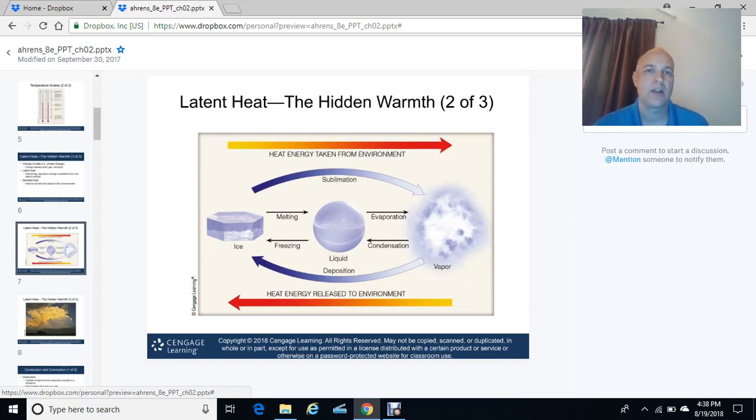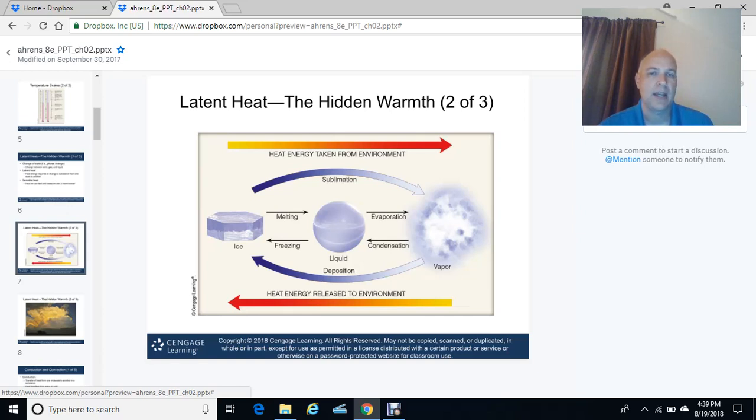Hopefully those will help. You can see here on the diagram again, we have melting, sublimation, evaporation. They will take heat energy from the surrounding air. And again, the condensation, deposition, and freezing, they will release heat to the surrounding air.